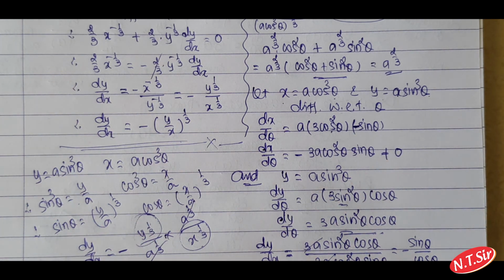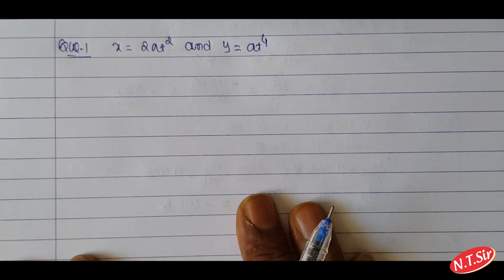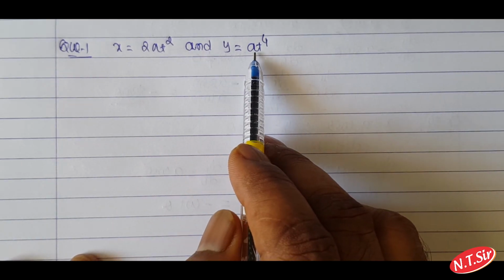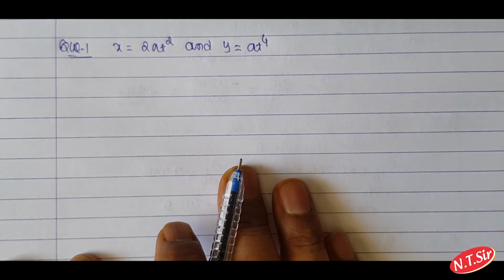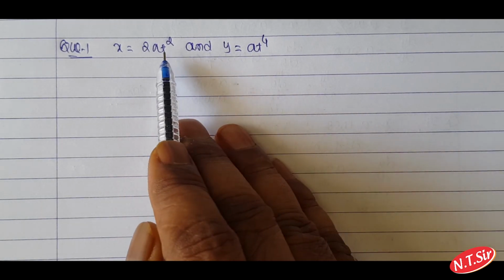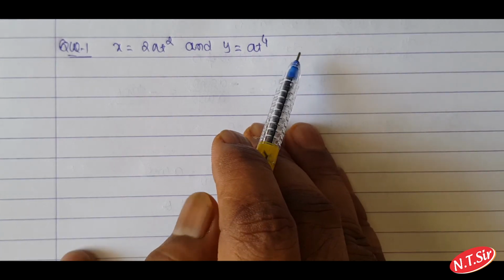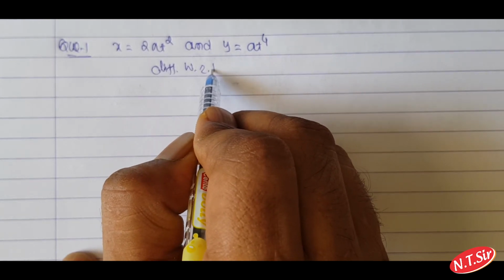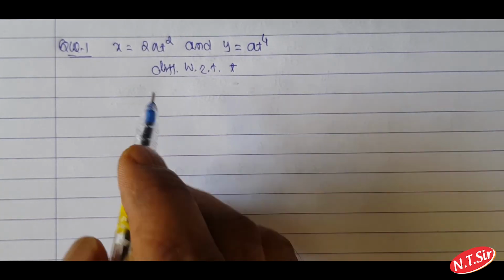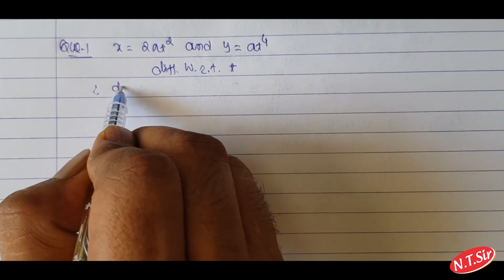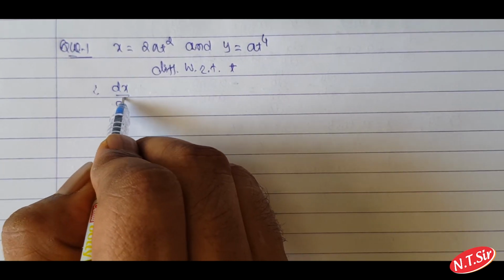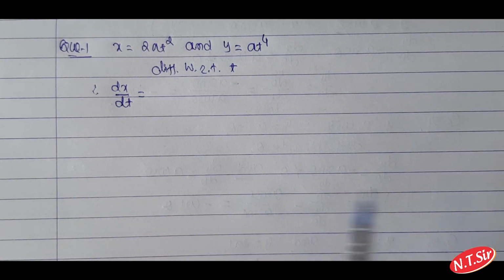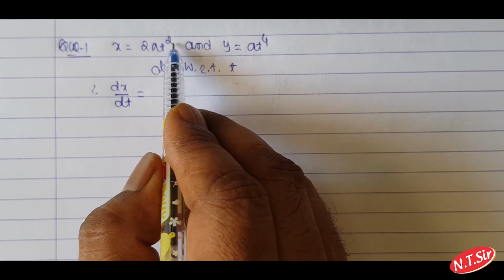तो जो मेथड आपको याद आए, जो करो वो करो, मगर वो लॉजिकली करेक्ट होना चाहिए. Apply any method, right? So question number 1, x is equal to 2at square and y is equal to at raised to power 4. So both x and y are functions of t. So differentiating with respect to t, dx by dt, twice a is constant and derivative of t square is 2t.